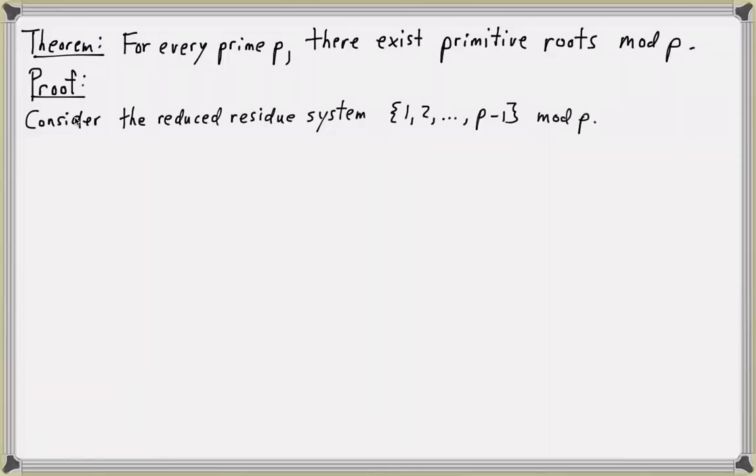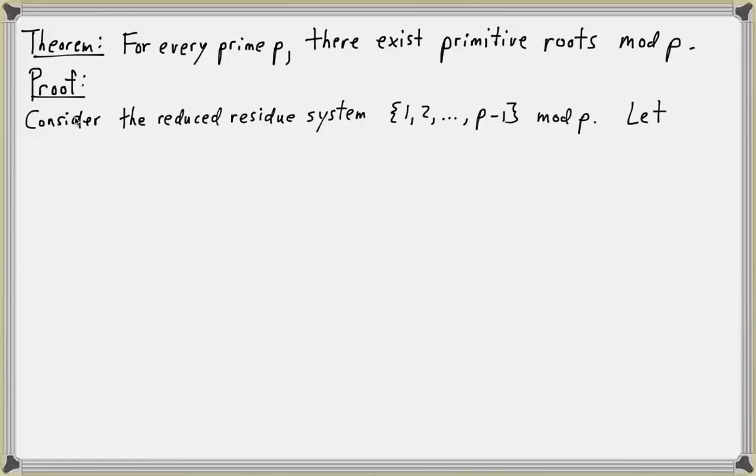Each of these residues in this reduced residue system mod p has an order mod p, since they're all relatively prime to p, and so we know that the order of each of these elements divides p minus 1. I'm going to define capital N of h to be the number of integers whose order is h.